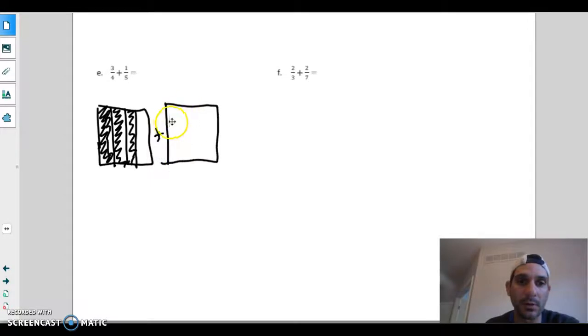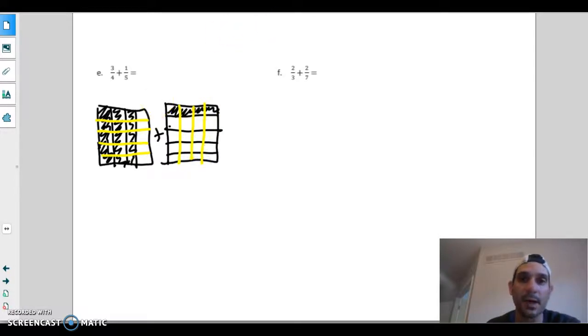Okay, and I'm going to do fifths. 1, 2, 3, 4. And I'm going to shade in 1. So when you're doing this, I better see these. Now, I'm going to take this 3/4 and cut it into fifths. 1, 2, 3, 4. I'm going to do the same thing over here to cut this into fourths.